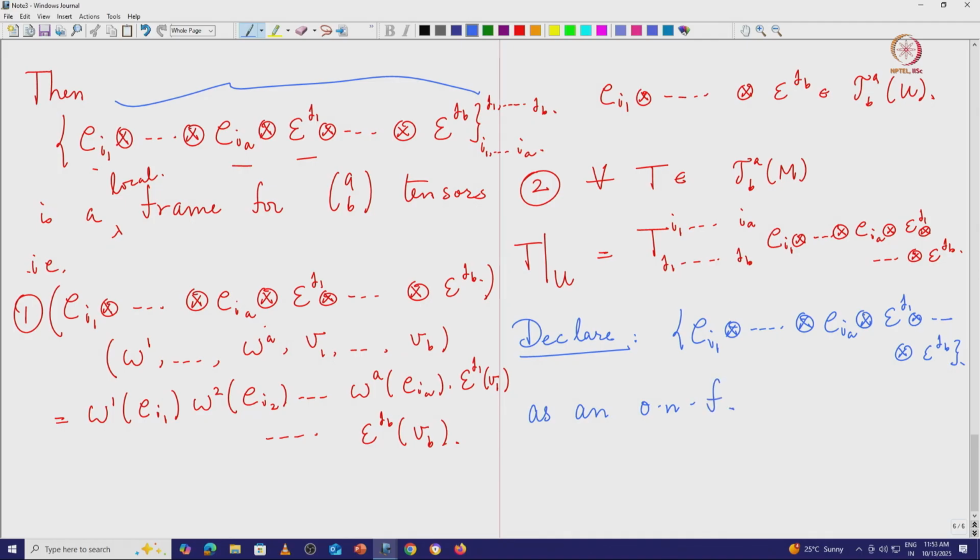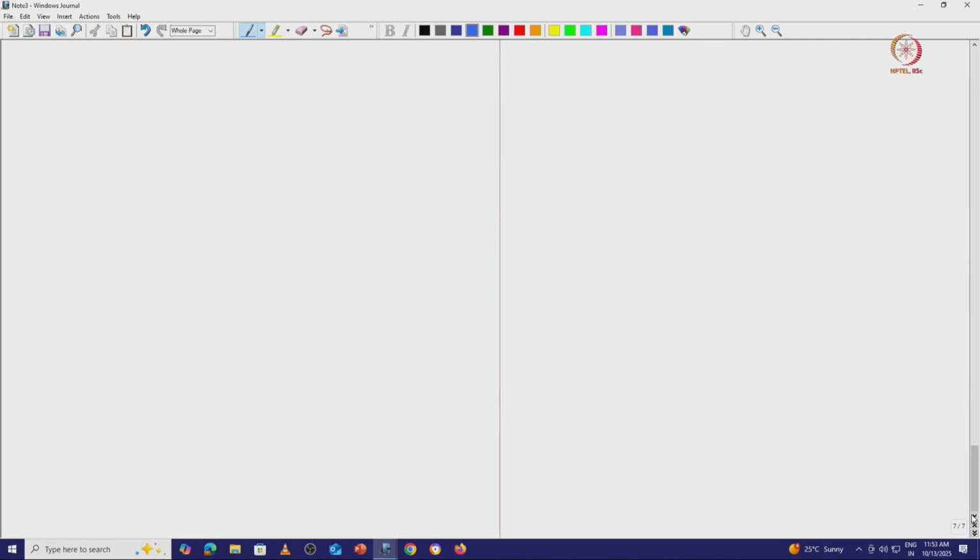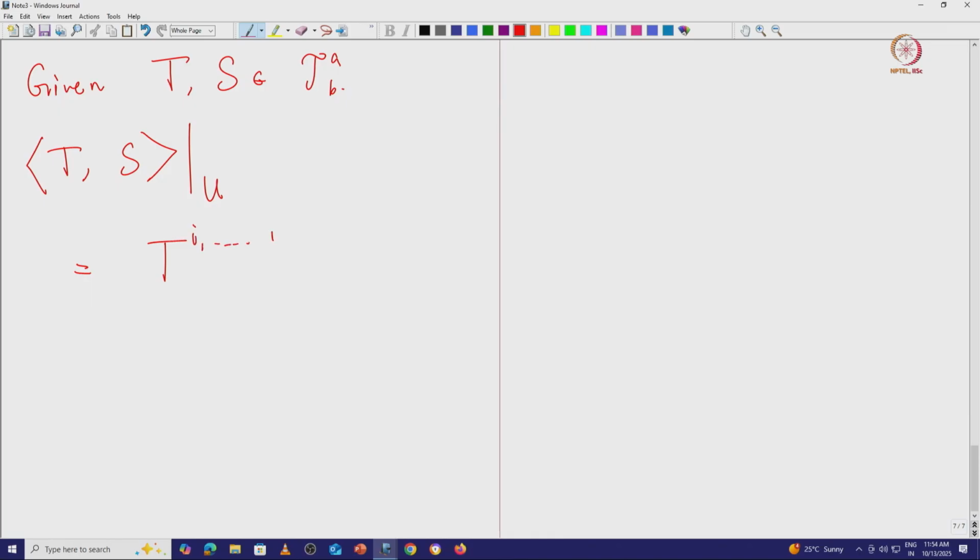Okay, so then one can check that this actually defines an inner product on all tensors. So, given two tensors of type AB on this open set U, we have the following simple formula to calculate the inner product. You simply multiply the corresponding components together.